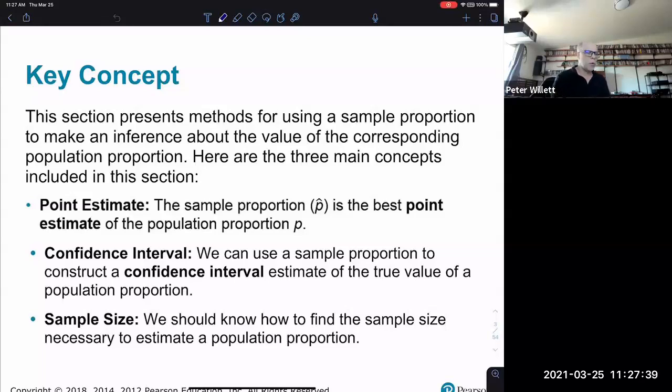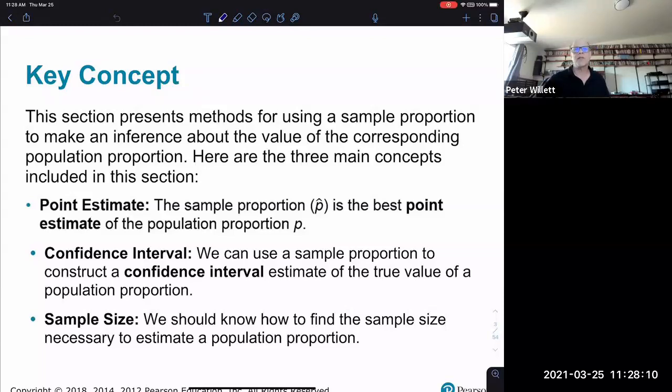And then finally, of course, if you are starting to make a confidence interval and you want to be able to control whether you're just 90% sure about the range or whether you're 99% sure, and how tight the range is based on how many people you sampled, then the third thing is you would like to know, how would you find the sample size necessary to estimate a population proportion with the level of accuracy that you want?